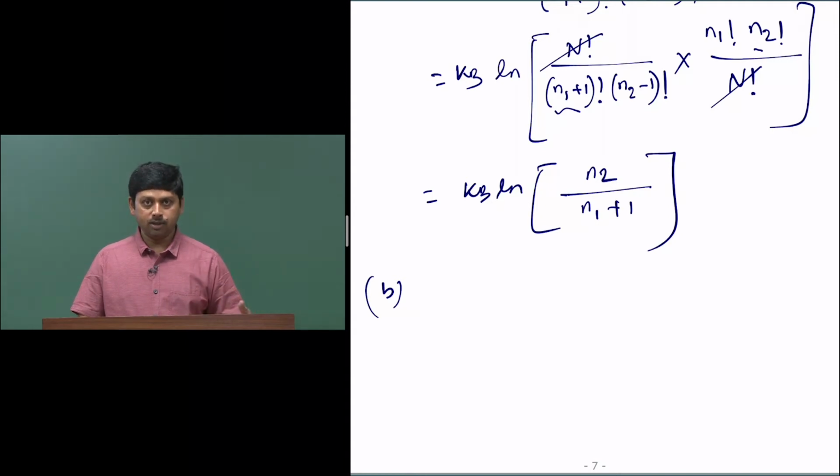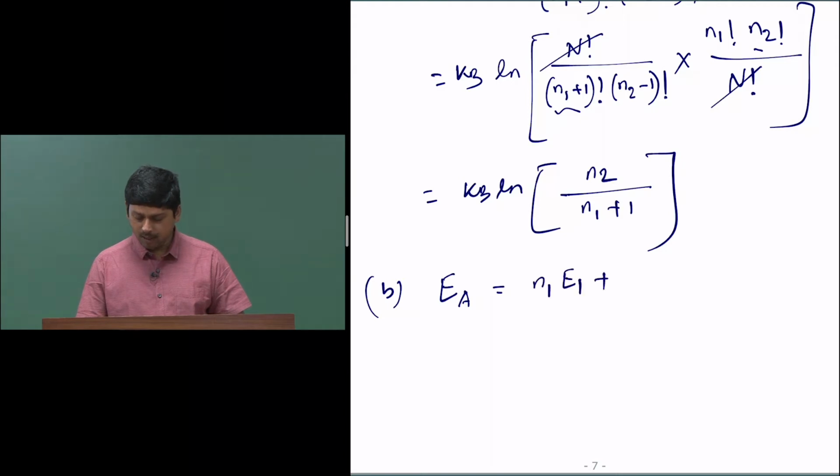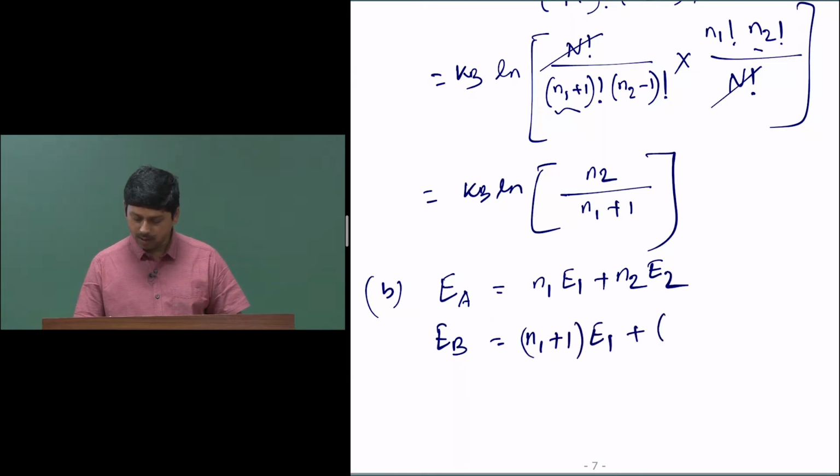Now you know that entropy change of the surrounding does not matter whether the process is reversible or irreversible, and the total energy of the system earlier, let us say, was E A, which was n 1 into E 1 plus n 2 into E 2, and now energy of the system B is n 1 plus 1 into E 1 plus n 2 minus 1 into E 2.